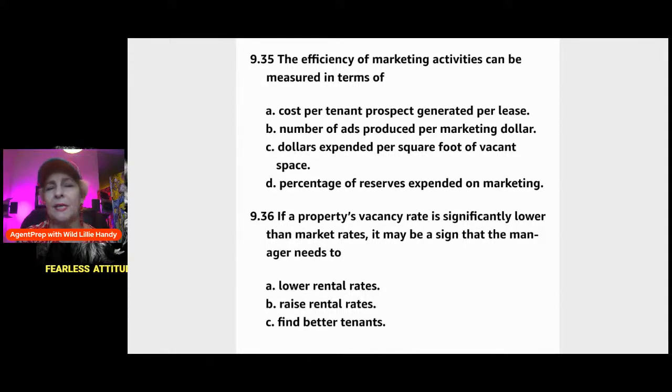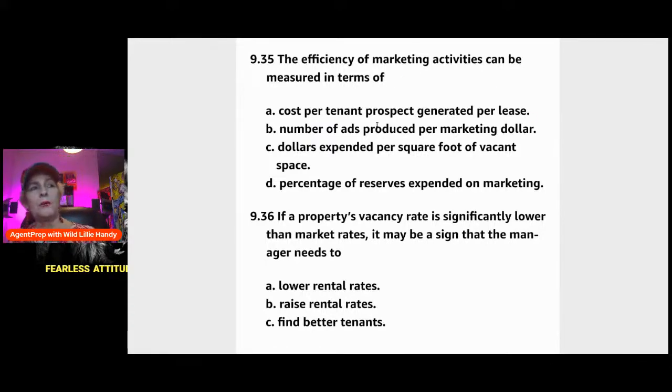So marketing activities, right, is to attract, in this case, tenants. So how many tenants and how many leases are generated by that marketing. So the efficiency of that marketing activity can be measured by the cost per tenant prospect generated per lease.